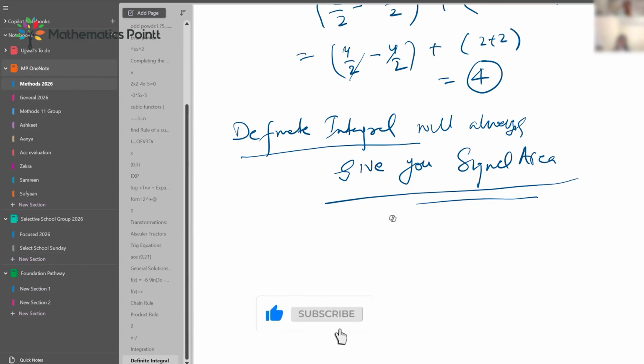As simple as that. Is that clear? So that, in a nutshell, is what definite integral is and how it gives us the signed area. All right? Cool. Thank you.